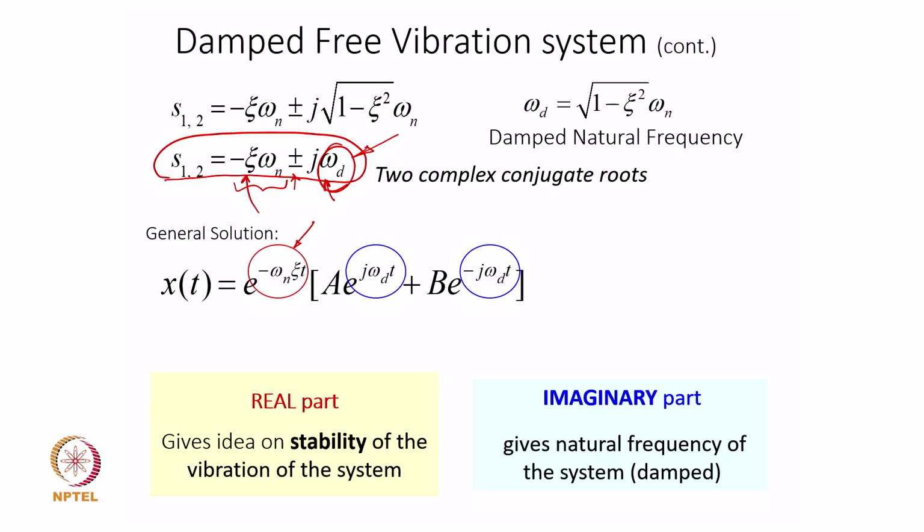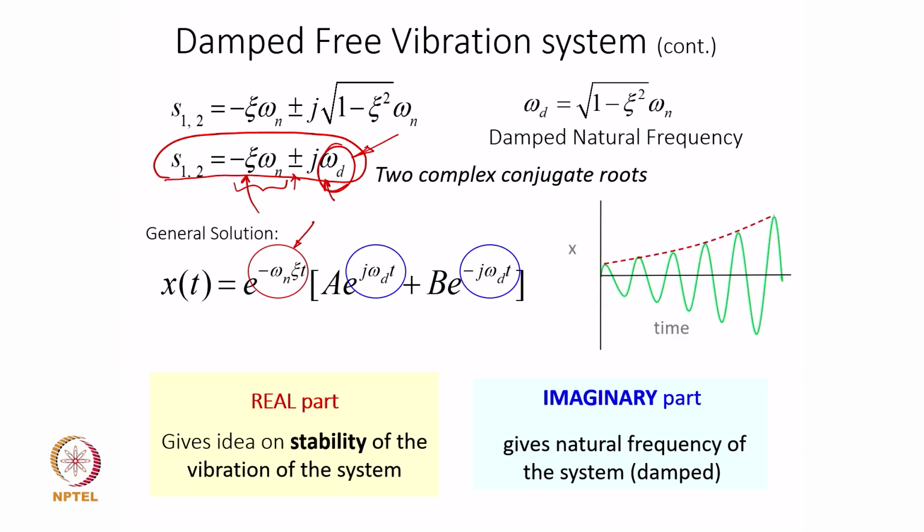Natural frequency of vibration is important for avoidance of resonance, but as you are now noticing, the complete understanding of the roots of the vibratory system will also give you added information on the stability of the system.